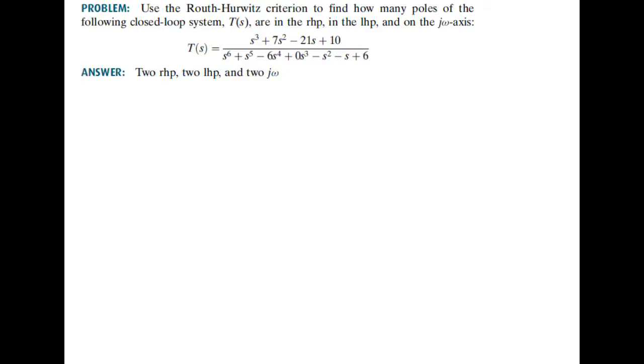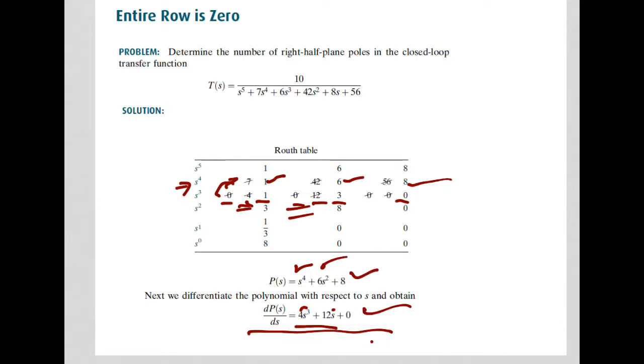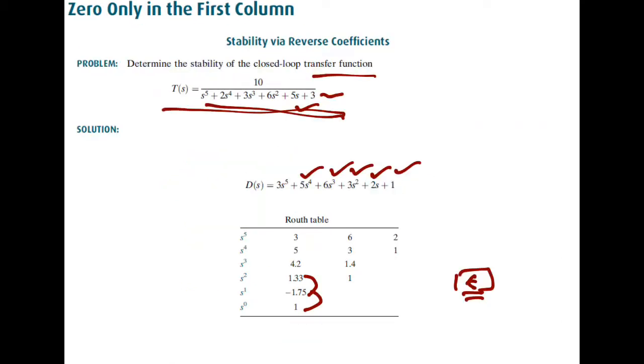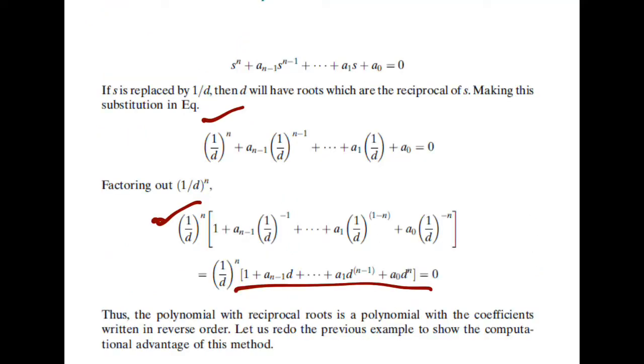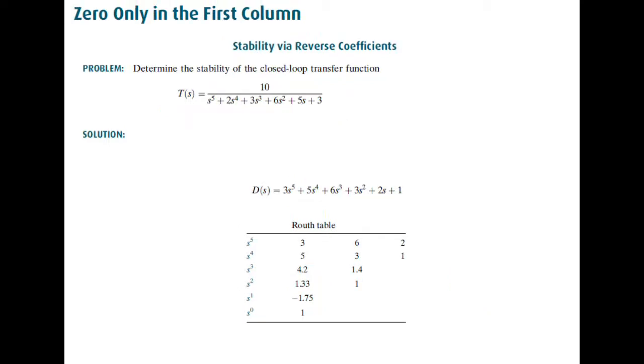We have dealt with 2 special cases. In the first special case, where a zero appears in the first column of a row, it can be taken care of by the epsilon method, and also by the reverse coefficients method.